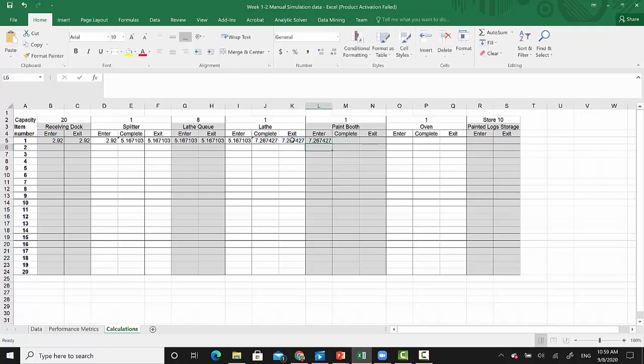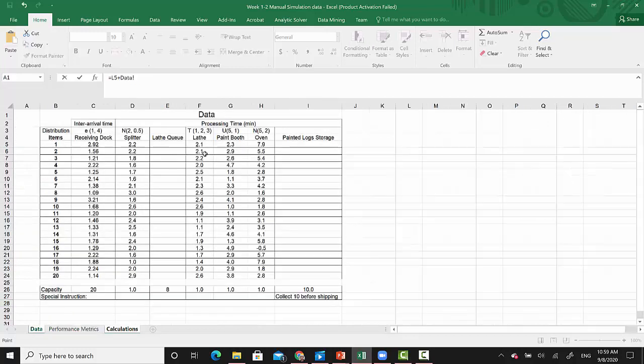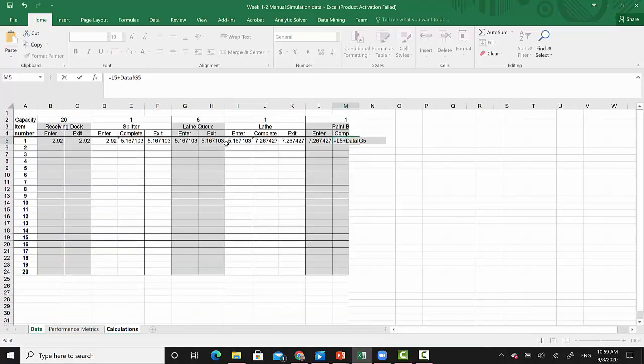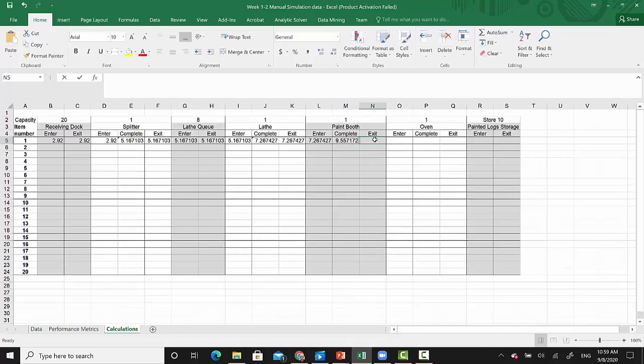Enter to the next location equals the exit time. The complete time equals, again, the enter time plus the paint booth processing time. And its exit time equals the complete time. Enter time equals the exit time.